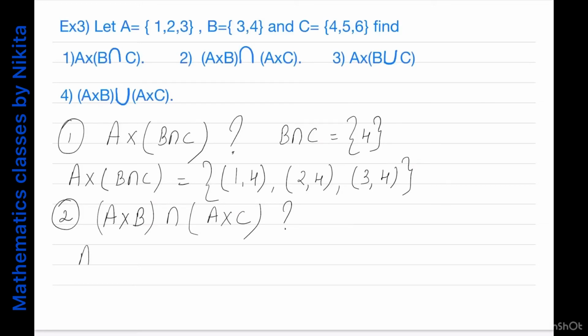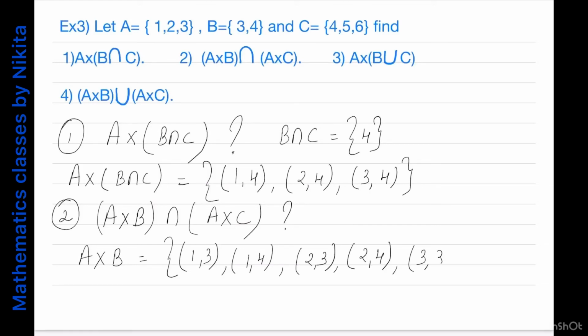So first let us see what is A cross B. A cross B, by definition, is equal to 1 comma 3, 1 comma 4, then 2 comma 3, 2 comma 4, then 3 comma 3 and 3 comma 4. And what is A cross C?